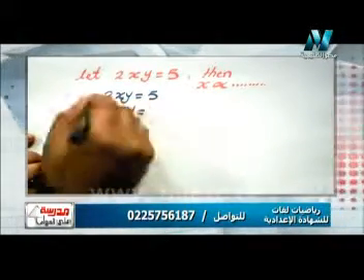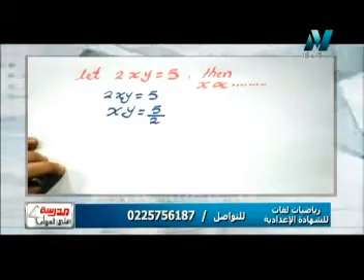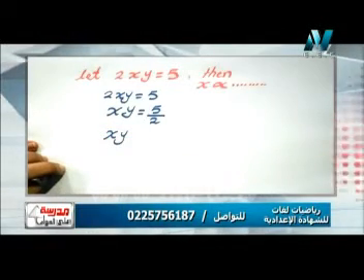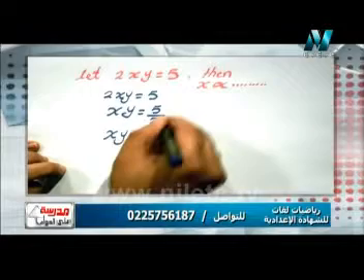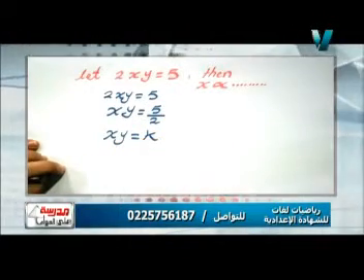Divide 2 for both sides: 5 over 2. So we can consider x times y equals 5 over 2, which is a constant, like k.